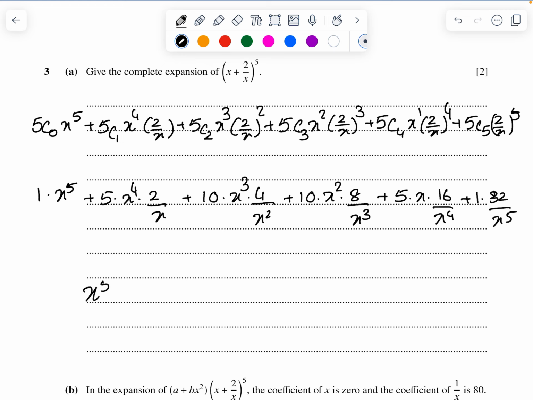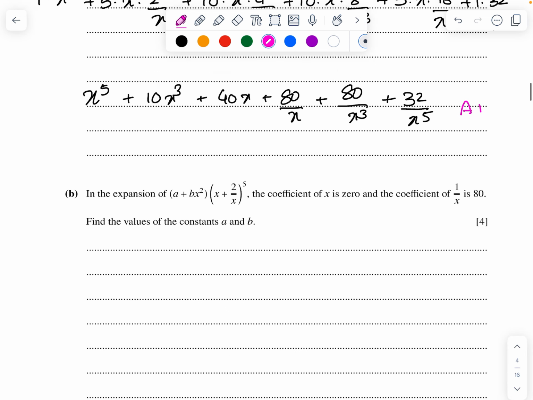When I simplify, I get x power 5 plus 10x cubed plus 40x plus 80 upon x plus 80 upon x cubed plus 32 upon x power 5. So the method mark is for the expansion, and the accuracy mark is for all the steps.